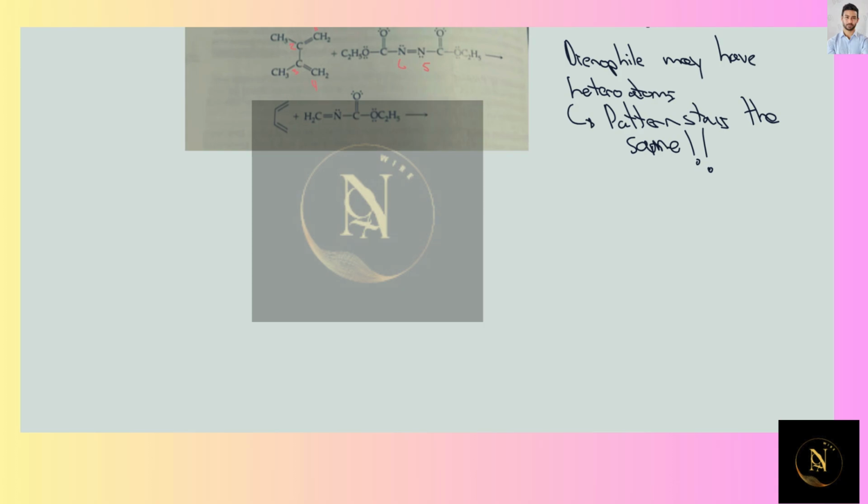Remember that the reaction is going to go, a pair of electrons from the double bond is going to generate a bond towards carbon 1. This pair generates a pi bond in between 2 and 3. And the other pair is going to generate a bond in between carbon 4 and 5.